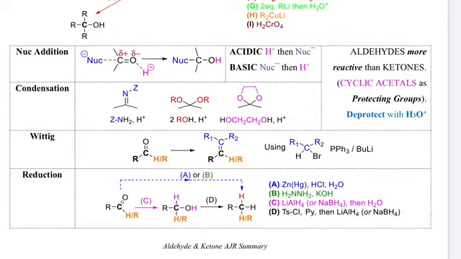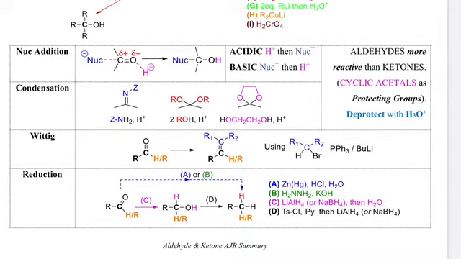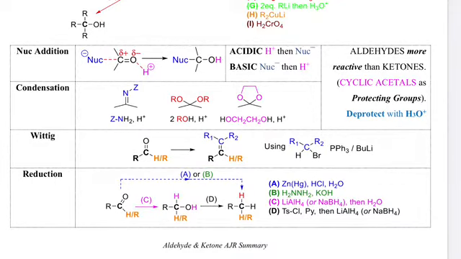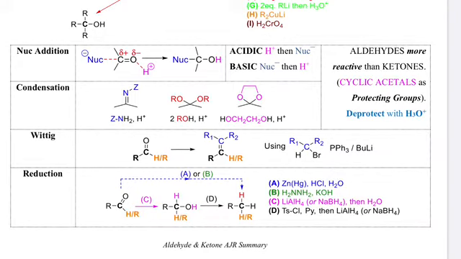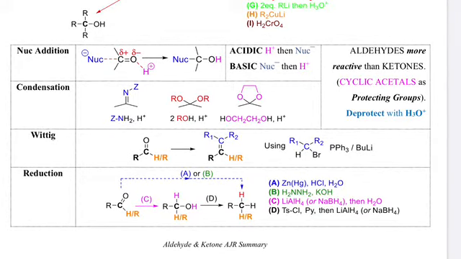So aldehydes are more reactive than ketones. Two reasons as stated in your notes: because of sterics, because of electronics. So you have to be careful that these designated sets of reagents will react with aldehydes and with ketones.